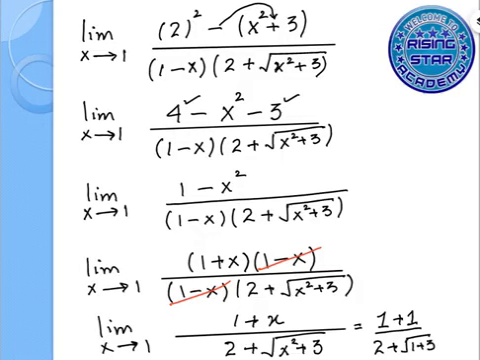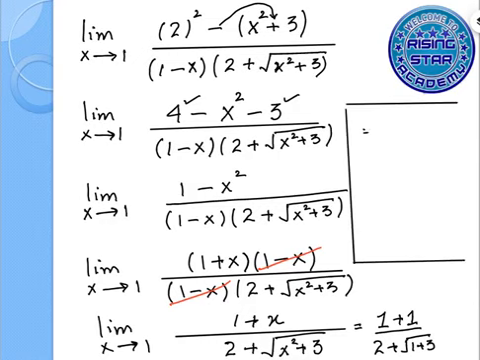So in the next step, I will write over there 1 plus 1 will become 2, then 2 plus, within the square root, that will become 4.